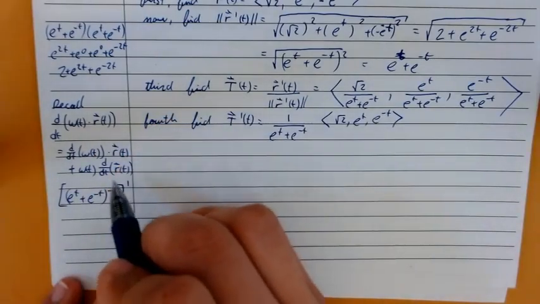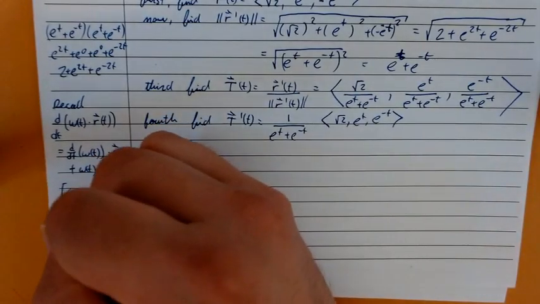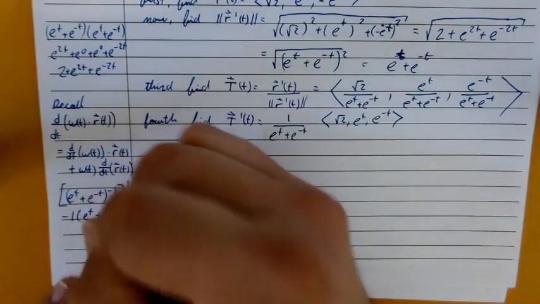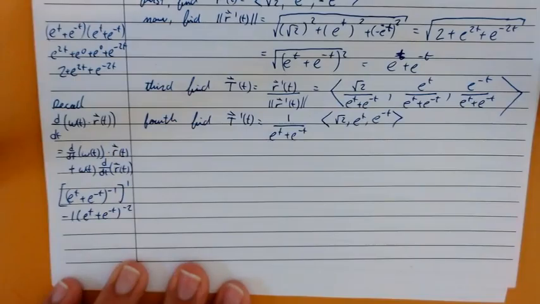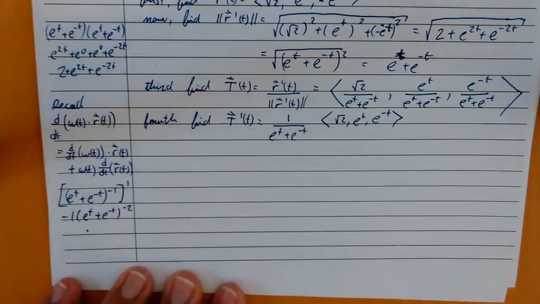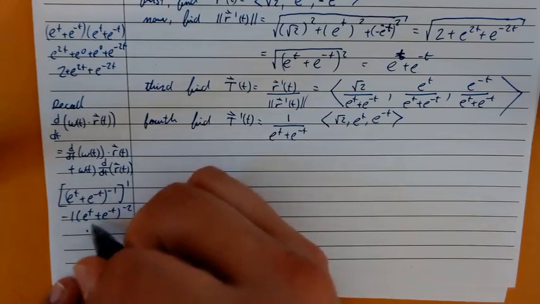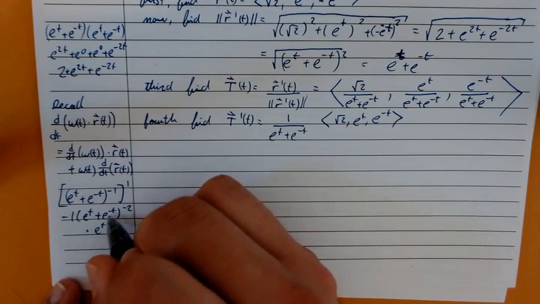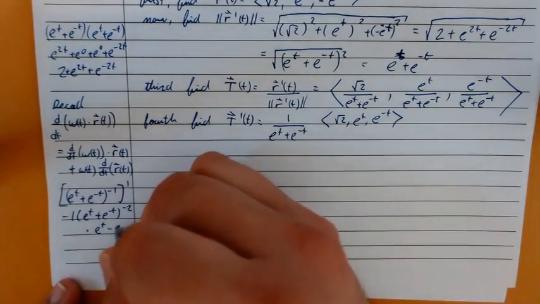I'll use the chain rule. Take my minus 1, bring it down, and then subtract 1 from the power to make that a minus 2. But then, because of the chain rule, I have to take the derivative of the inside and multiply it in. So that's going to be the derivative of e to the t, which is e to the t, and the derivative of e to the minus t, which is minus e to the minus t.